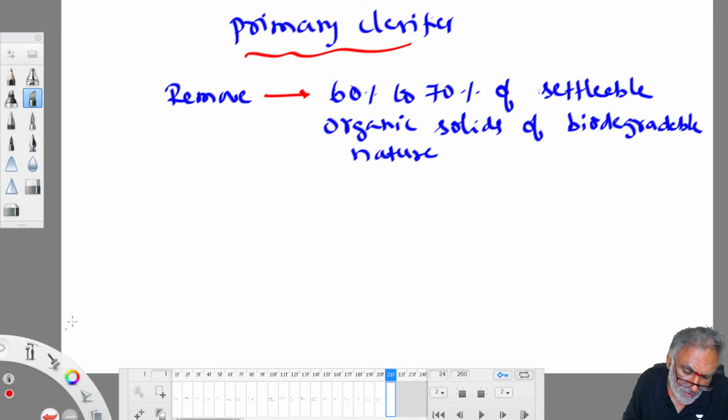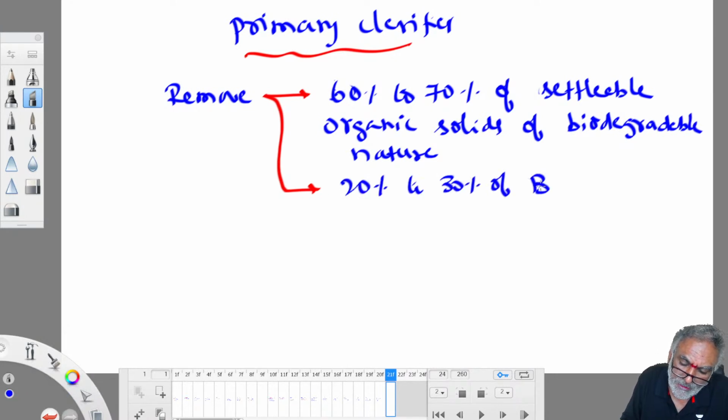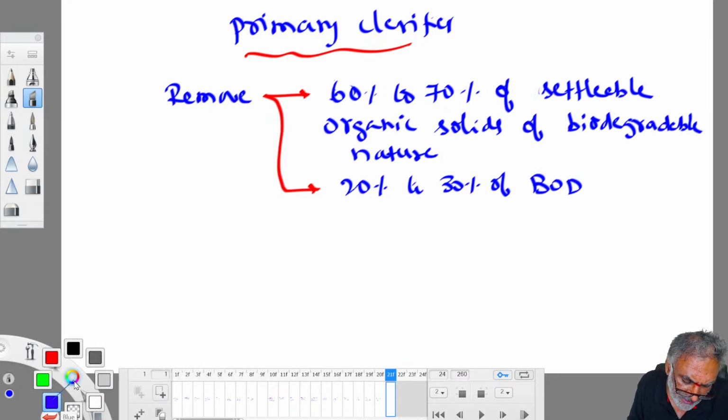And indirectly we also achieve 20 to 30% BOD removal, because they are biodegradable in nature, so we can also partially relieve BOD. This point they are asking in the exam.